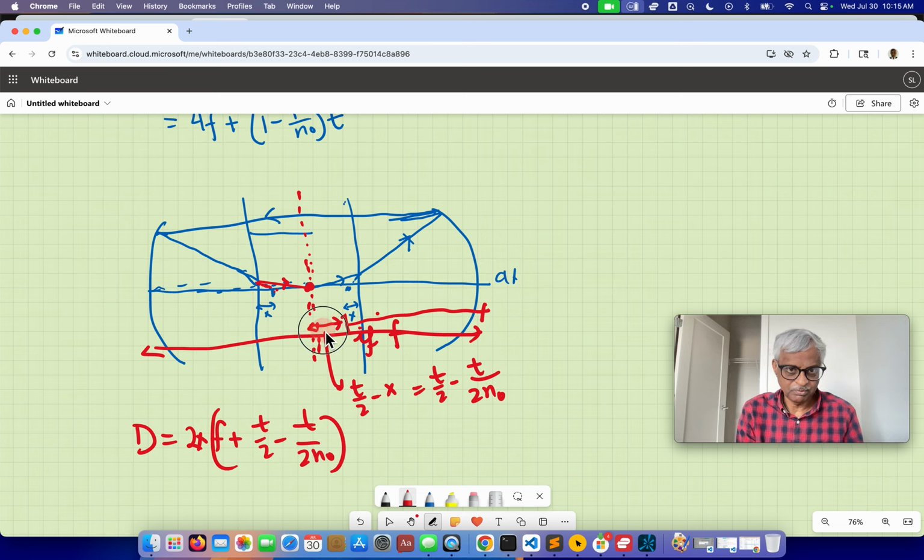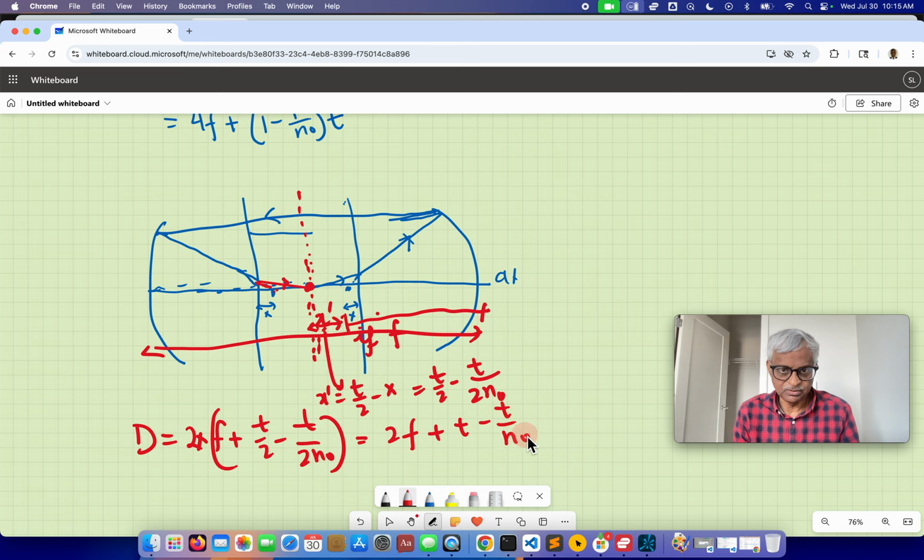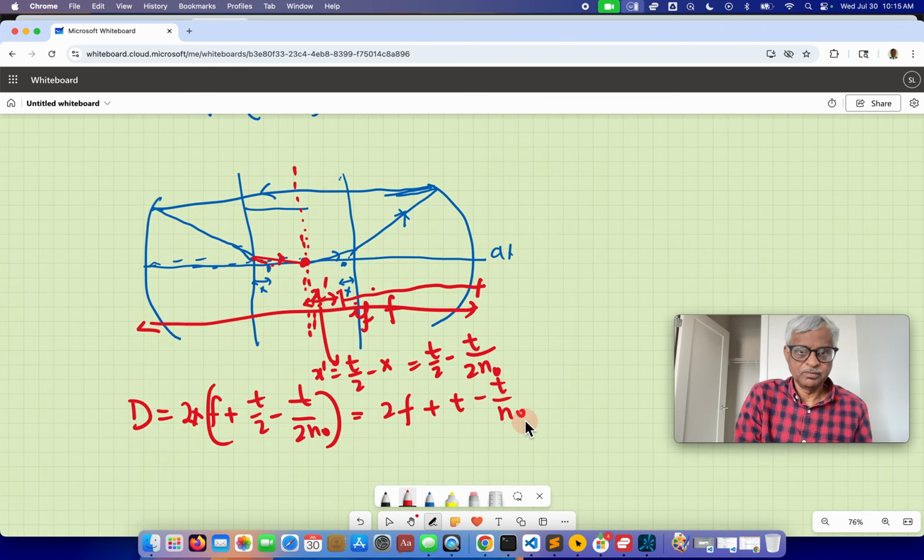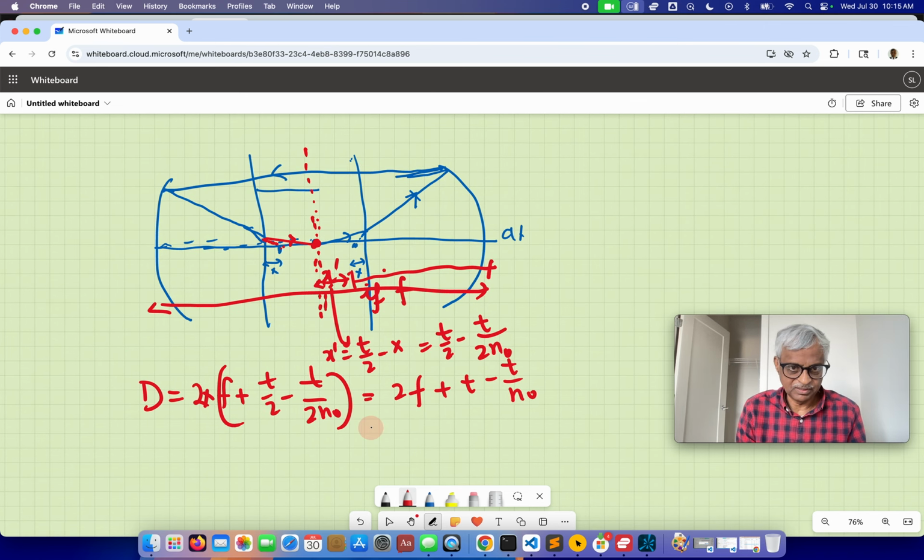So this f plus this guy, let's call it x prime, f plus x prime. So it just multiplies 2f plus t minus t over n0. I think we can take the t out. 1 minus 1 over n0 times t.